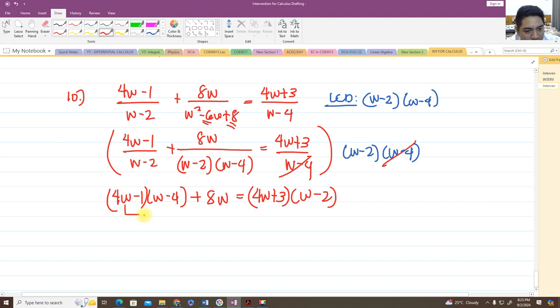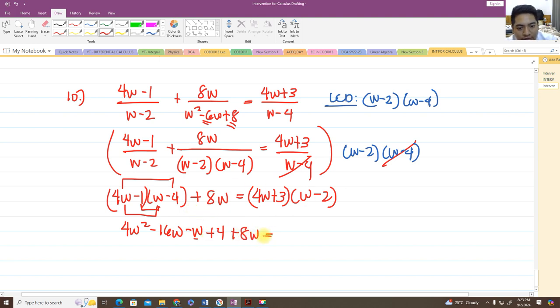So you have first 4w squared, then outer, negative 16w, inner, negative w, and last, positive 4. Let us just check. For first is 4w times w, 4w squared. Outer, negative 16w. Inner, negative 1 times w, that's negative w. And the last, negative 1 times negative 4 is positive 4.